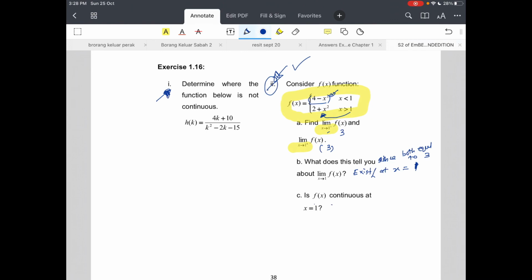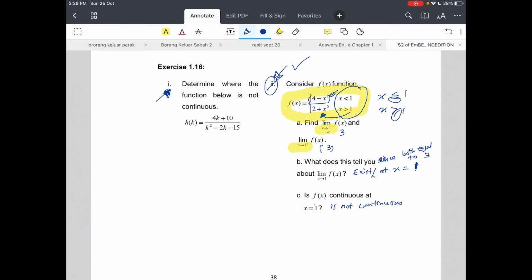So is f(x) continuous at x equals 1? This is quite a tricky question. If you answer yes, then it is wrong. So f(x) is not continuous. Why is it not continuous? You look carefully at the conditions here. There's no condition that says x less than or equal to 1, or x greater than or equal to 1.